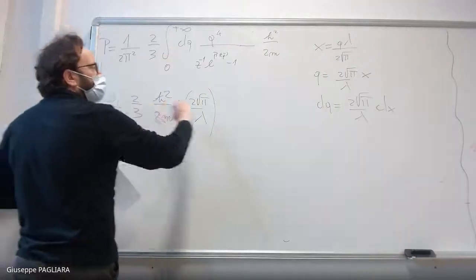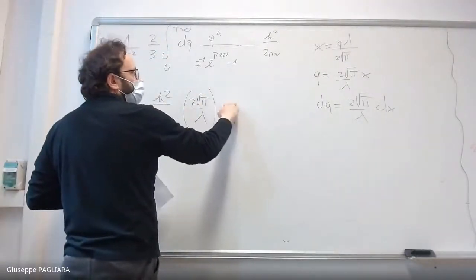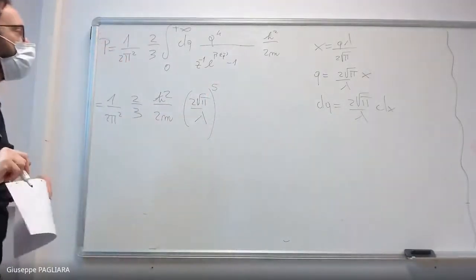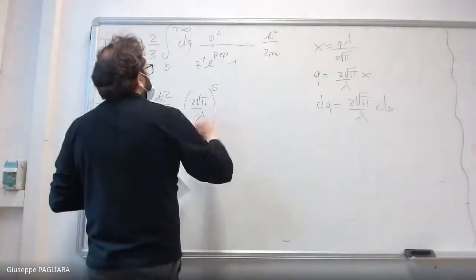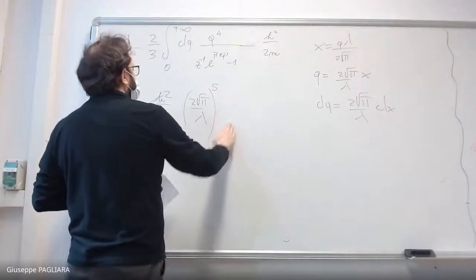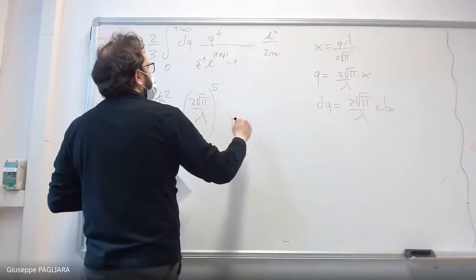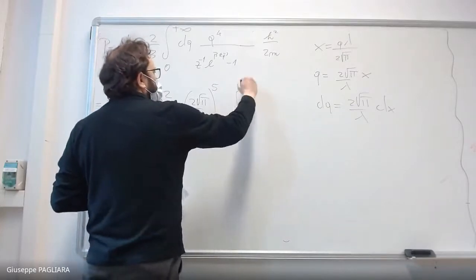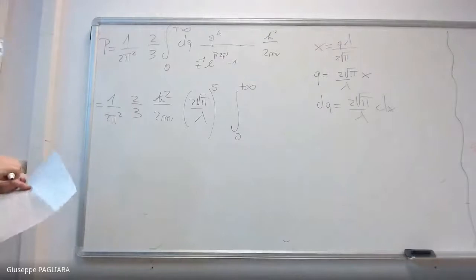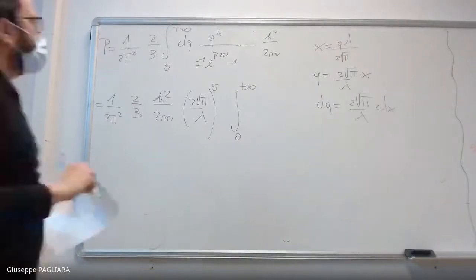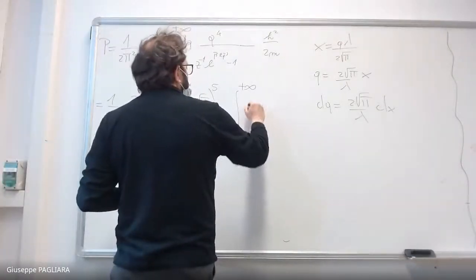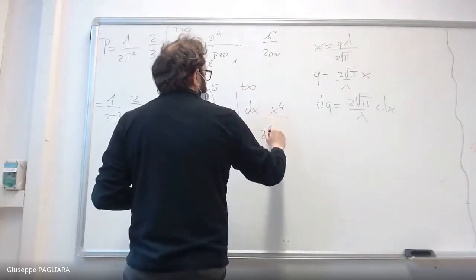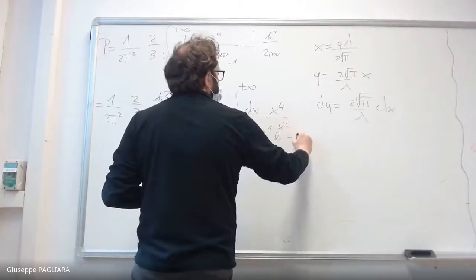And q to the power of 4 provides me another factor of this, but now this is the power of 4, so then it should have a 5 here. And now I get the integral from 0 to plus infinity of dx, x to the power of 4, over z^-1 e^(x^2) minus 1.